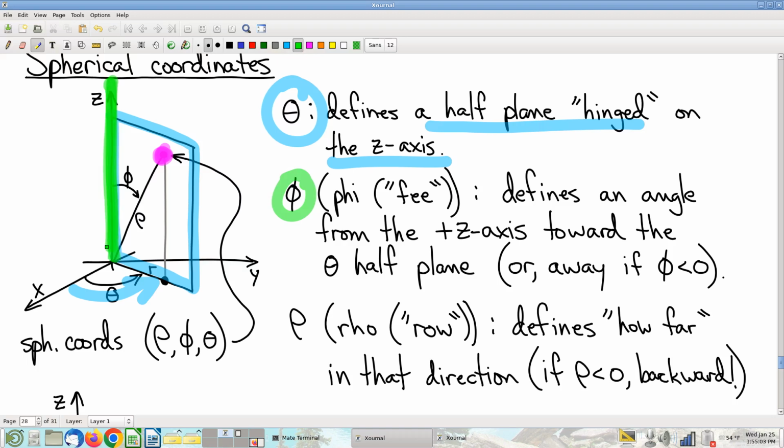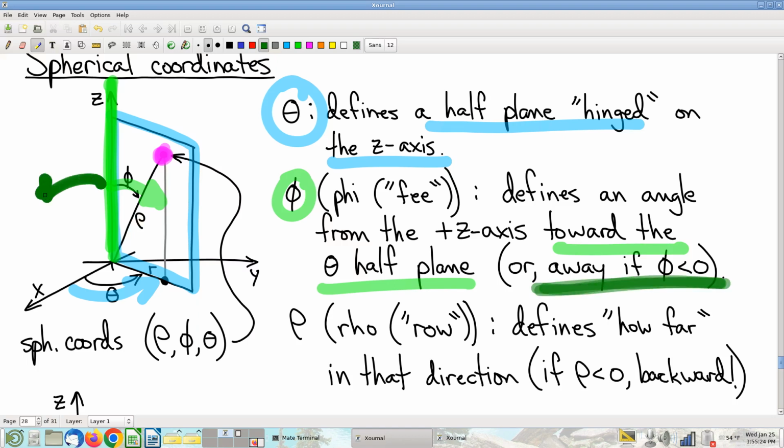It's measured parallel to this plane, parallel to what I call the theta plane, with the understanding that the positive direction for the angle is toward the theta half plane, and negative values would be away from the defined half plane. Okay. So that's phi.